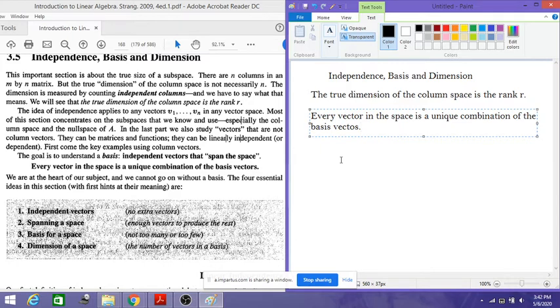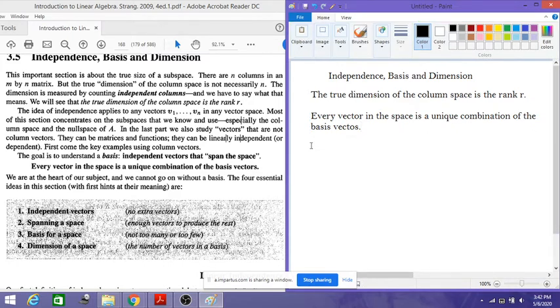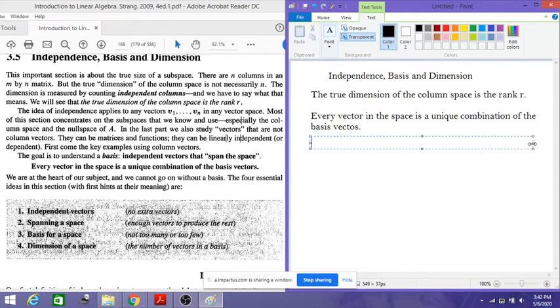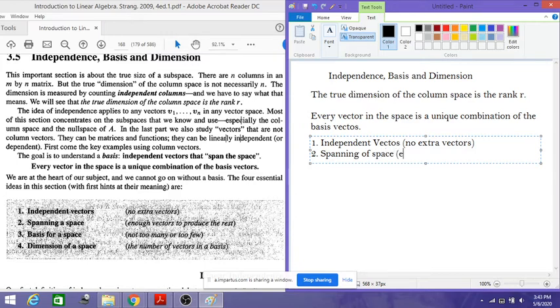Here we will discuss a few essential concepts and ideas, so I'll write them here. First, the independent vectors, which means no extra vectors. Second, spanning of a space, which means it has enough vectors to produce the rest.